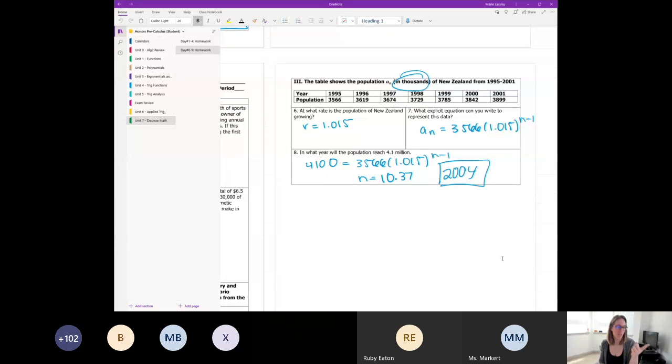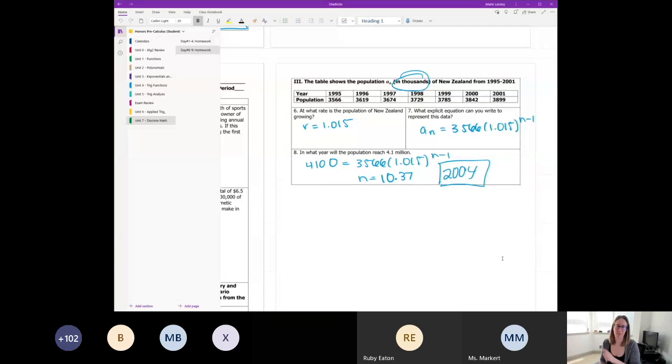The population says 3,566 in 1995, but that really means that it's in thousands. So we're going to add 3 zeros to the end. So 3.5 million is what it's actually saying for the year 1995. So 4.1 million, it's in thousands, so that really is going to be 4100.